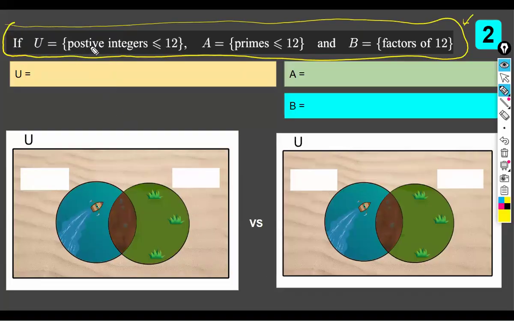And apparently that's positive numbers. In case you're not familiar with this symbol, that means less than or equal to 12. So we're dealing with positive numbers, integers, just whole numbers, from 1 to 12. Okay?